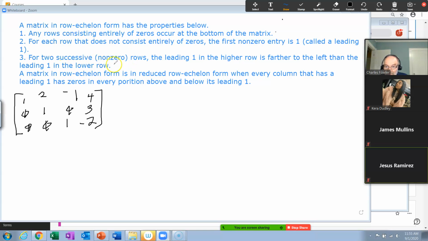Let's look at B. B is another 3 by 3. It's a 1, 2, -1, 2, almost the same as before, but not quite. A 0, 0, 0, 0. And a 0, 1, 2, -4.